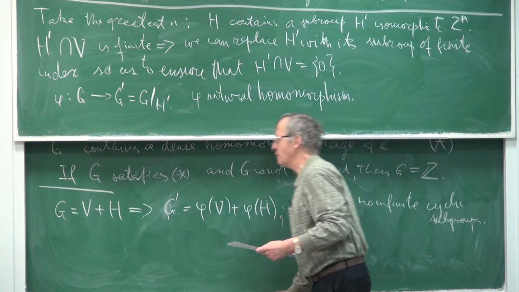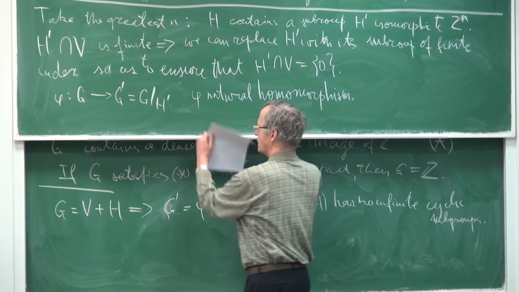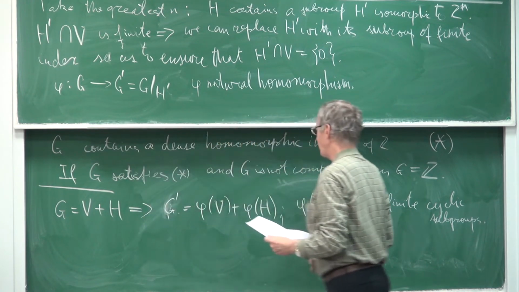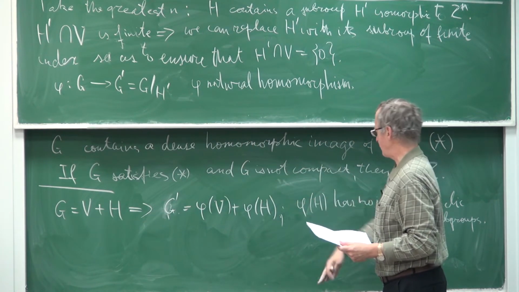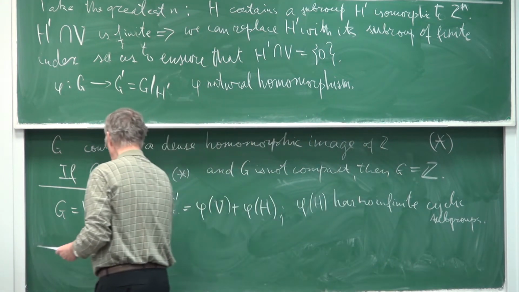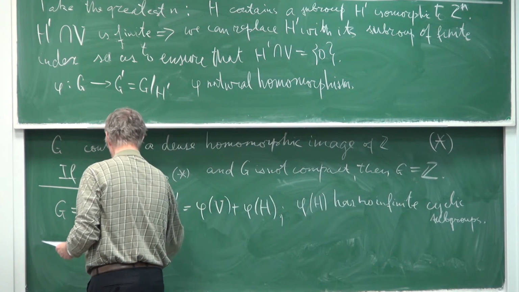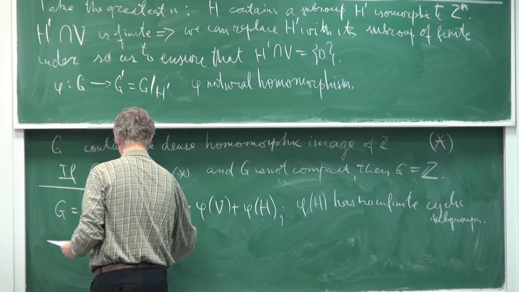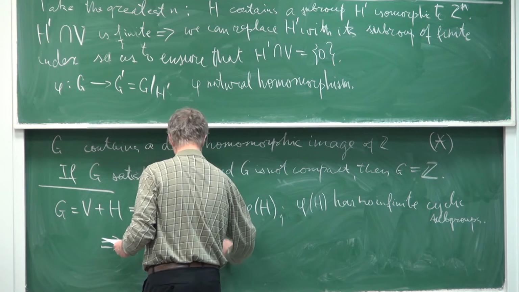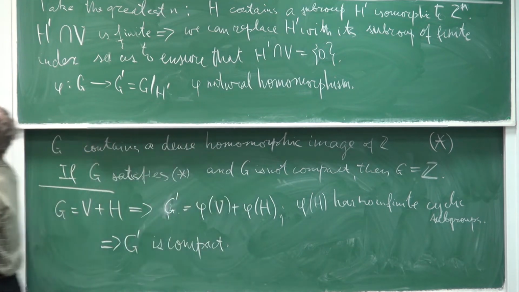And by this observation, I remind you that this observation is valid for every group, not necessarily for the original G, but for this one also, this observation implies that G prime is compact. And this is the claim of the lemma.